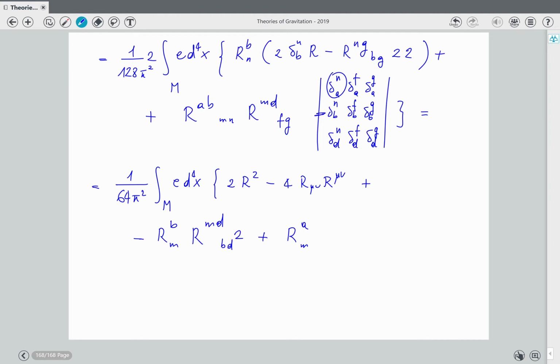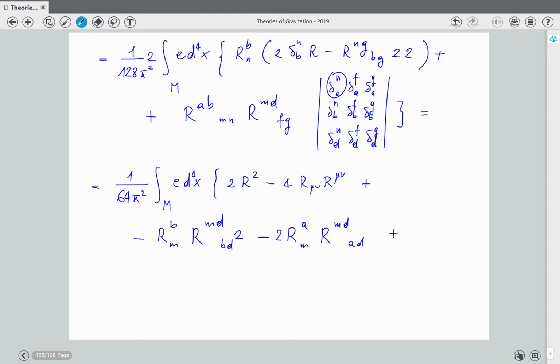But we have a minus because we are computing that in the second place. So that's again a minus. So delta NB times what? Delta FA delta GD minus delta GA delta FD. This gives a factor 2. So FA GD. And that is again Ricci squared.